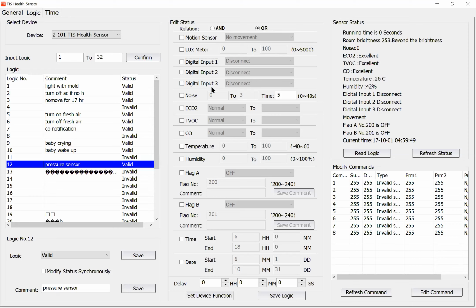Okay, I'm talking about the health sensor completely. I hope all of you understand about the health sensor. And as you know, it's a very useful device and amazing sensor in the TIS product. If you have any question, please ask me. If you don't have any question, have a good day.